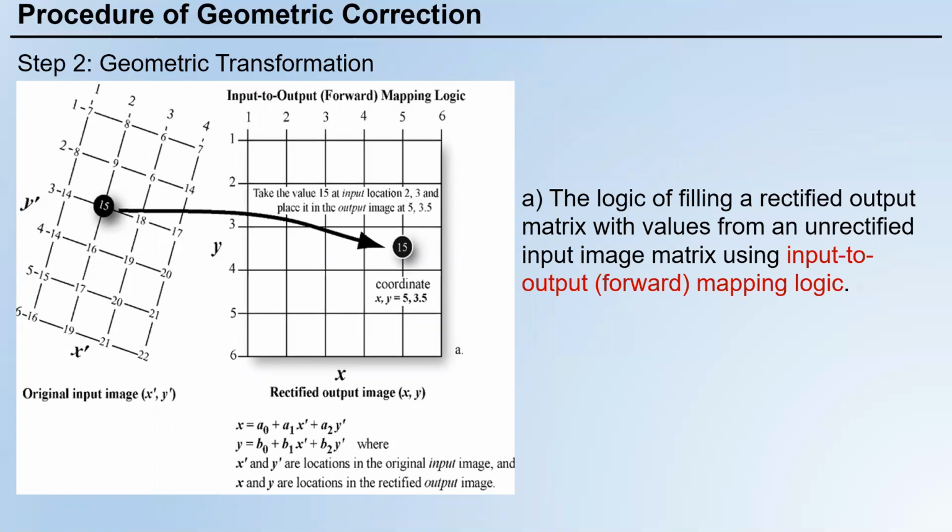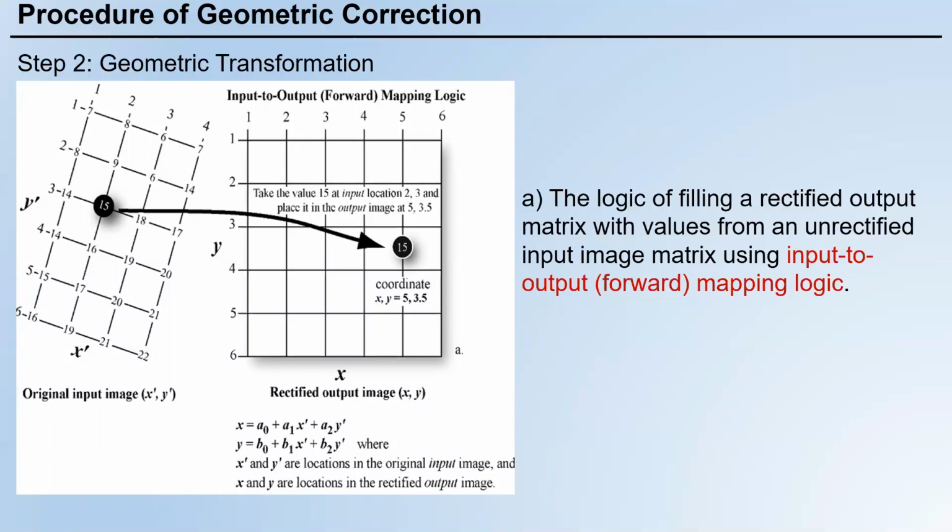After selecting GCPs, we need to do something called geometric transformation. This is based on the establishment of the mathematical relationship between reference map locations and the remote sensing image locations. When I'm talking about locations, they're actually locations of GCPs.